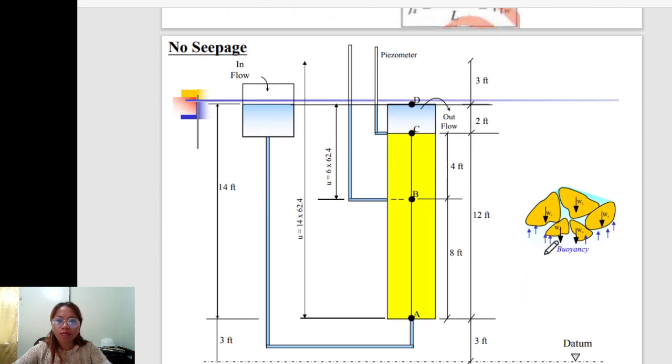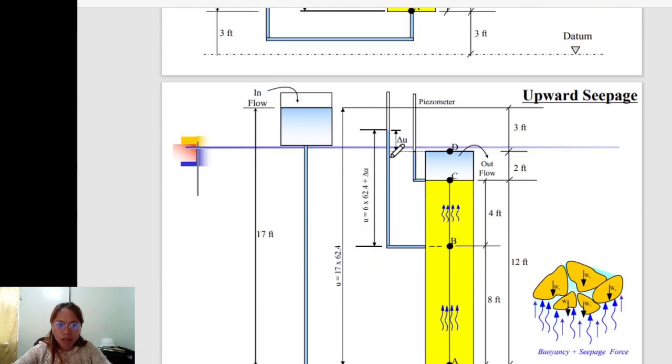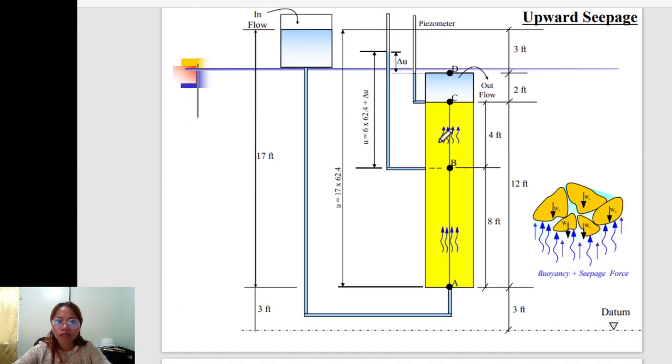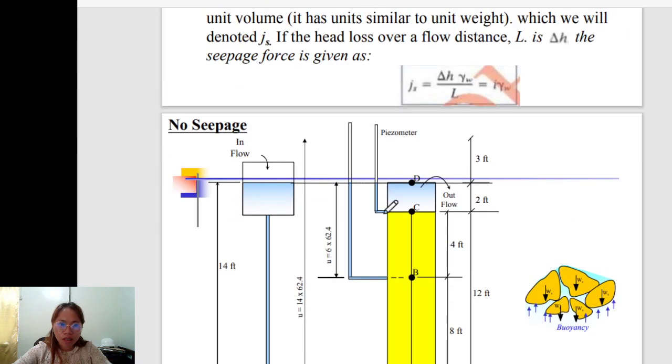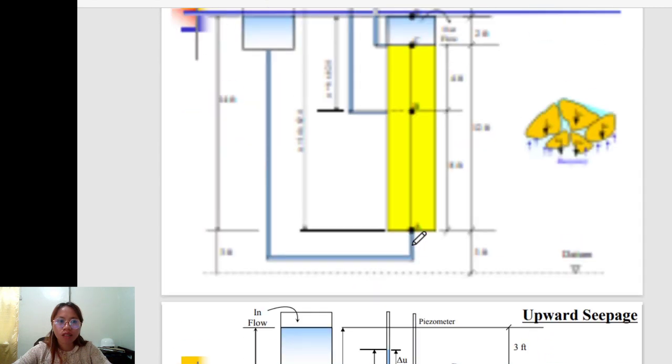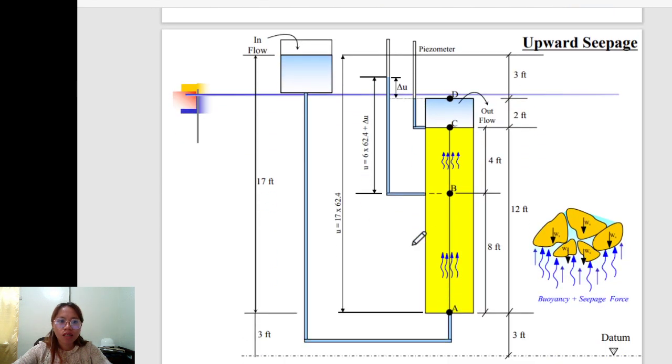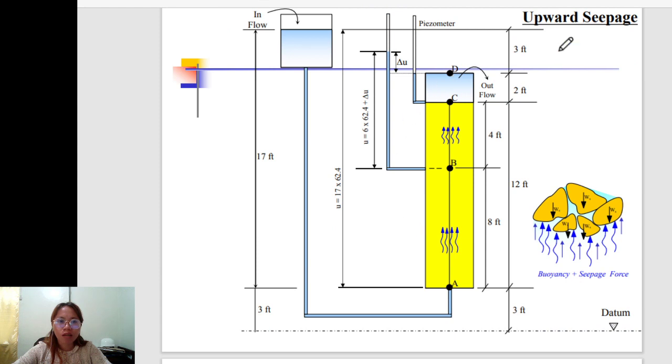So we have here a representation of a figure with no seepage. And the next slide is a representation of an upward seepage. Actually, they are the same, but this one is no seepage, while this one has an upward seepage.